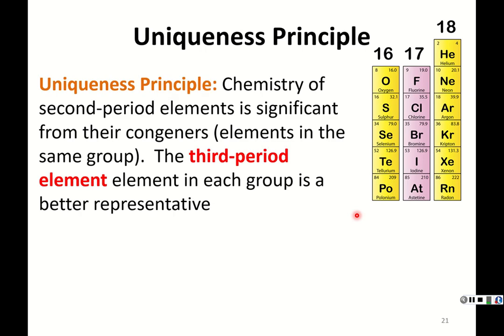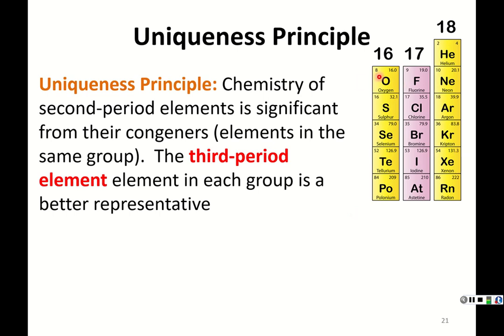Okay, so the uniqueness principle is the idea that the chemistry of second period elements is significantly different from their congeners, or the elements that are in the same group. And the other idea is that the third period element in each group is a better representation.